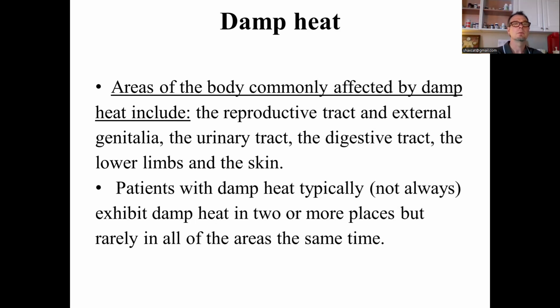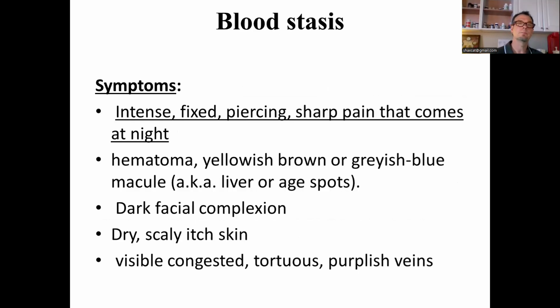But rarely do they show up in all 3 places, meaning the urogenital system, the digestive system, or the skin system. But it's not uncommon to have somebody with some digestive and skin issues or some genitalia and skin issues. Just be aware of that. But it's not always the case.